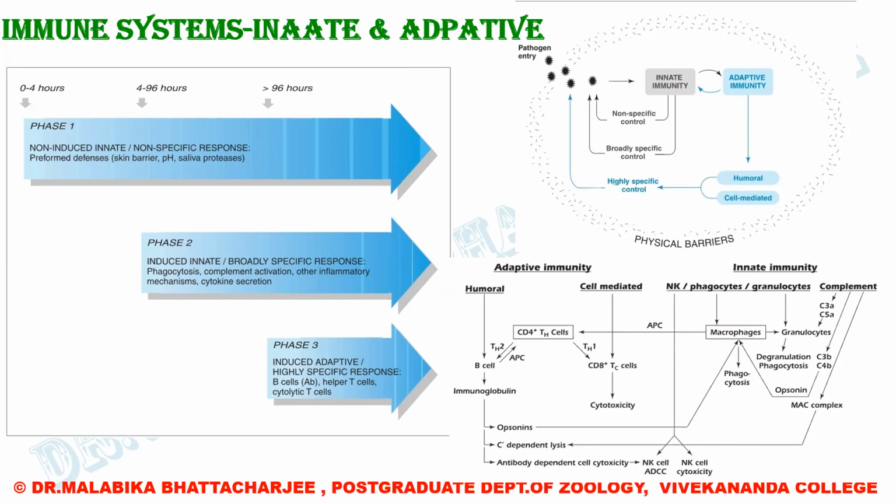1951, Max Theiler for the development of vaccines against yellow fever. 1957, Daniel Bovet for his development of antihistamines in the treatment of allergy.